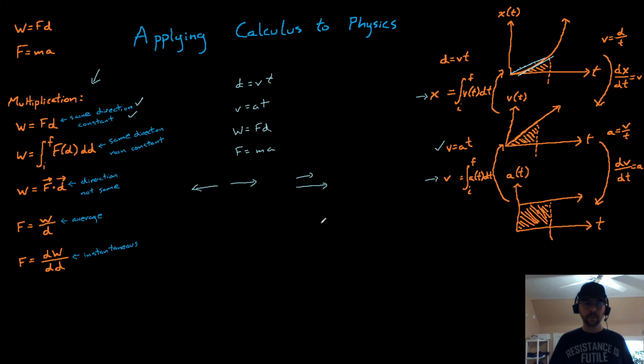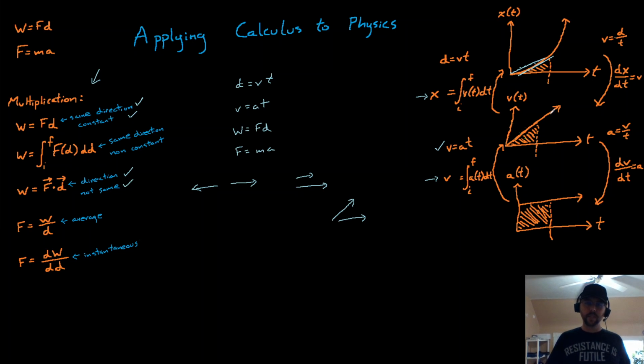If force and displacement point neither in the same direction nor directly opposite to one another, then you actually have to use this down here, dot product. So this is work equals F dot D, and it's more or less a different way to do multiplication that I'm not actually going to talk about any more than that in this video.